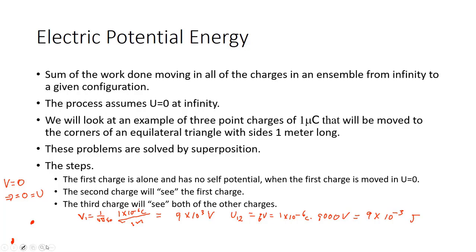Now, when we bring in the third charge, it's going to see the V due to 1 and the V due to 2. All these distances are 1 meter. So in this case, although not generally, the magnitudes are going to be the same.